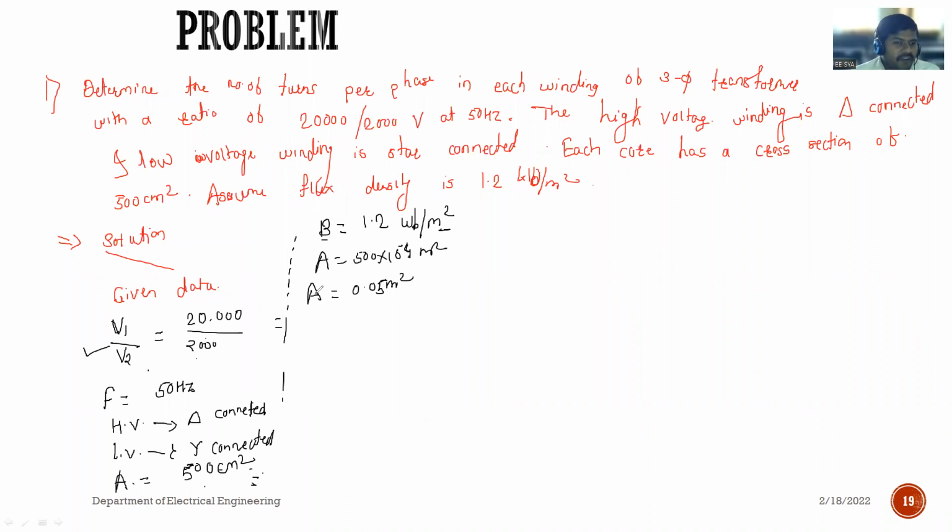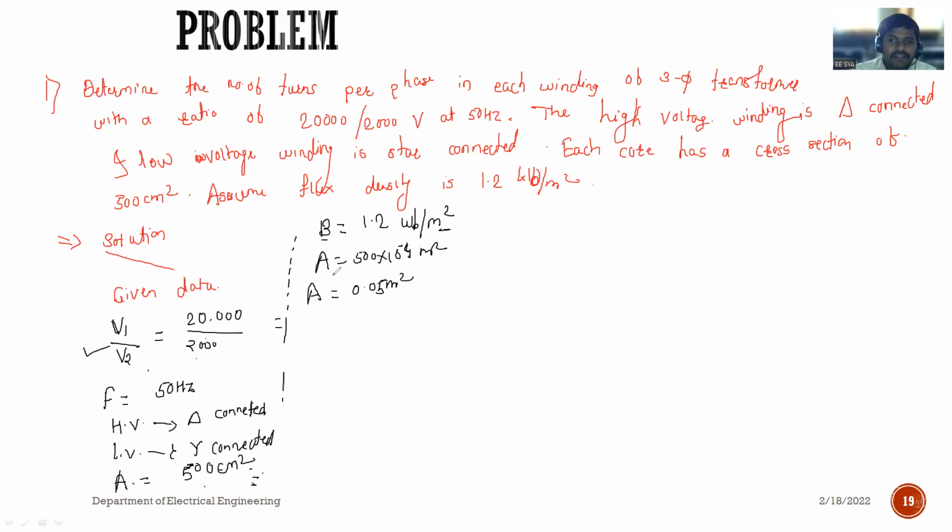What is the formula for induced EMF in case of single phase transformer? Formula for induced EMF in case of transformer, derive केलाय आपण. सिंगल फेज ट्रान्सफॉर्मर चा इंड्यूस्ड ईएमएफ चा फॉर्म्युला 4.44, right. काय आहे 4.44? F into phi m.